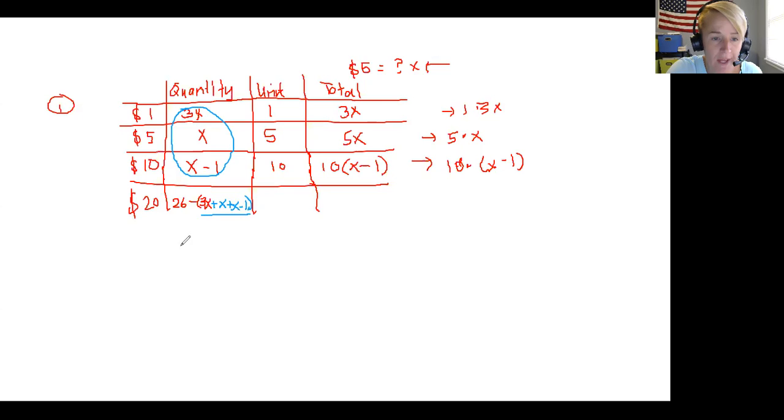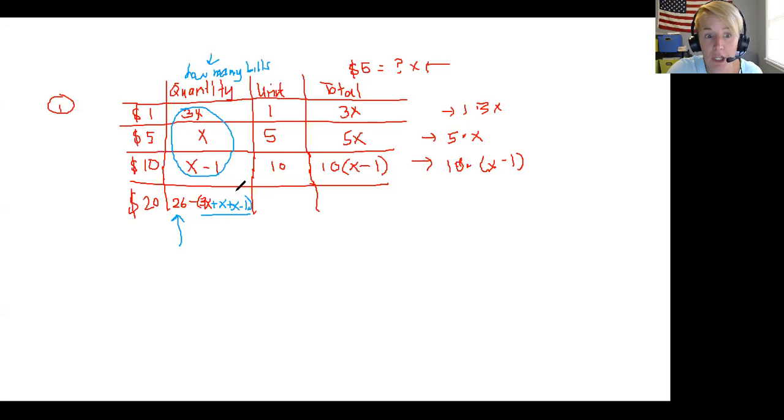So I'm going to restate what I did here. All I did was I know that I have a total of 26 bills altogether. So this quantity is how many bills. I'm struggling with my mouse today. How many bills are right here? That's my quantity. Well, I used a certain amount of bills for my dollars, a certain amount of bills for my $5, and a certain amount of bills for my $10.